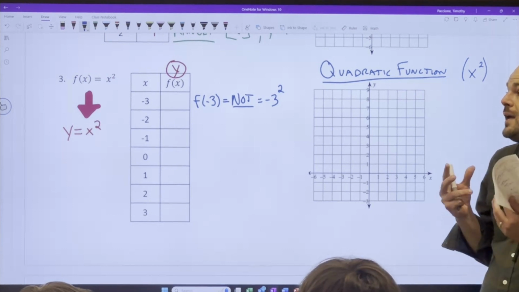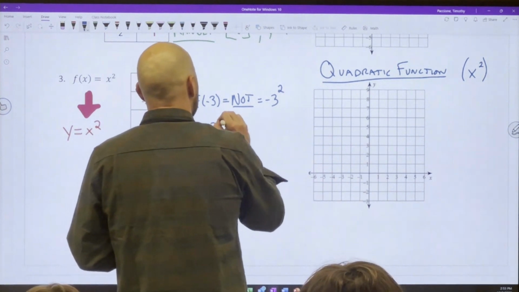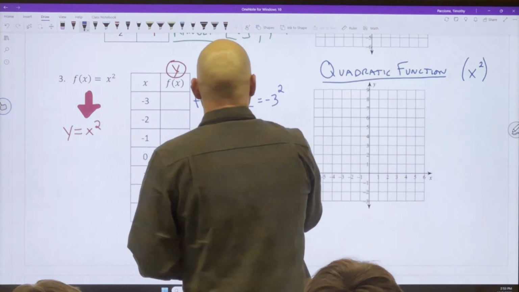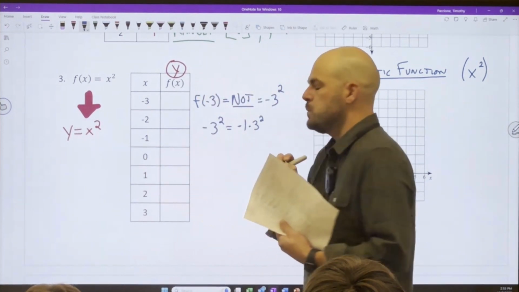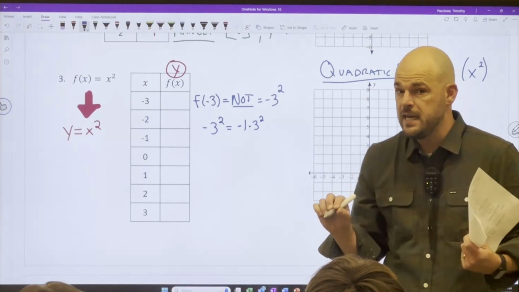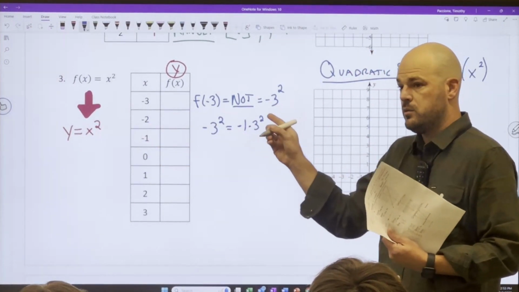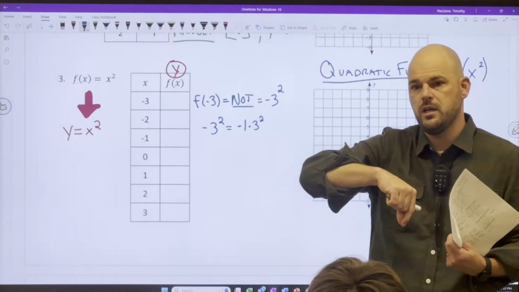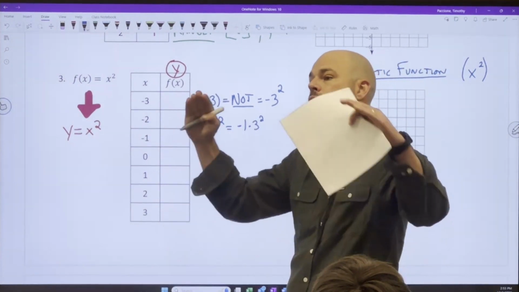Yeah, so what negative 3 squared actually is, what you're actually writing when you write that, is negative 1 times 3 squared, which is not (-3) squared. It's -1 and then 3 squared, which would give you 3 squared is 9 times -1 is -9, right? That's not what we want. We want (-3) squared.